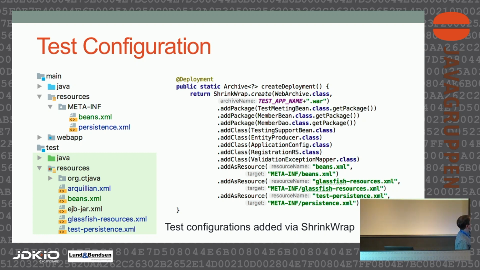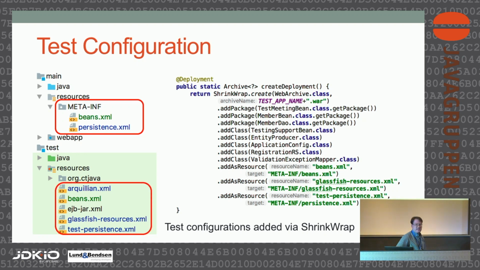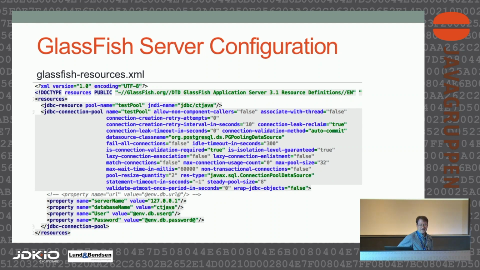And then I build up programmatically this virtual file system using ShrinkWrap for the test that I'm going to execute, and I pull in my test persistence XML, etc., for the purposes of the test. All right. So as you can see, I'm not using the ones that are going to go to production. I'm using the ones that I'm going to use for testing, which behave slightly differently. In addition, I'm providing a GlassFish configuration file for the embedded test, specifying where the database is and how to talk to it.